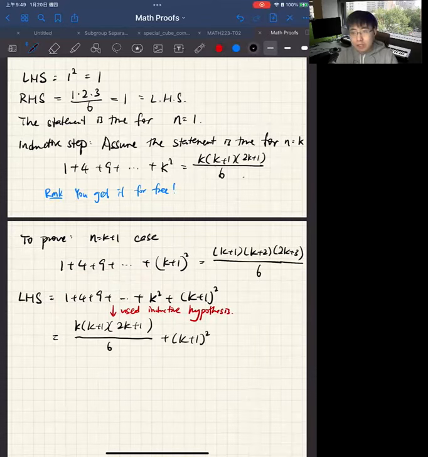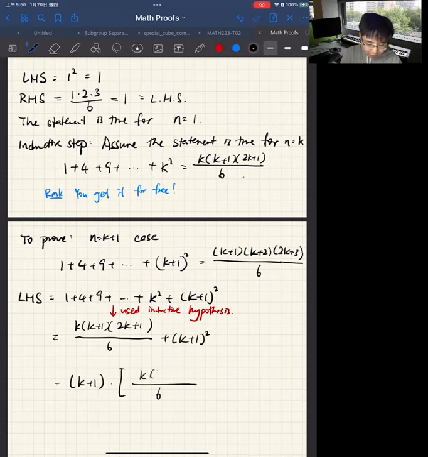Now, how to continue? You can expand all the things, but one thing you can try is to factorize. You factorize k plus 1, then you have k times (2k plus 1) plus 6 times (k plus 1), over 6. Okay.